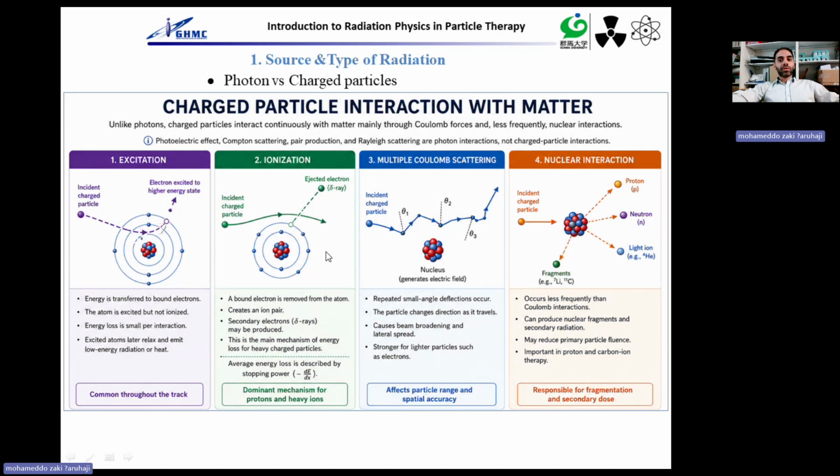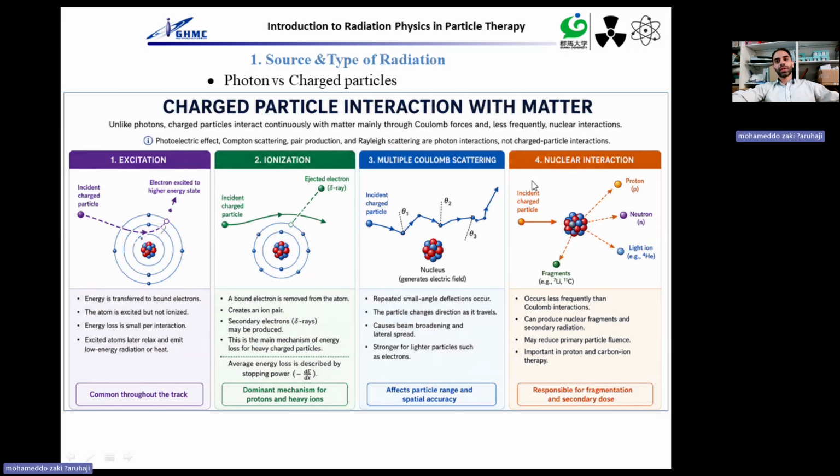The multiple Coulomb scattering means the charged particle is moving around, but it's not colliding. Instead, it's scattering between the nuclei of atoms and gradually starts slowing down, because it loses some energy while scattering.